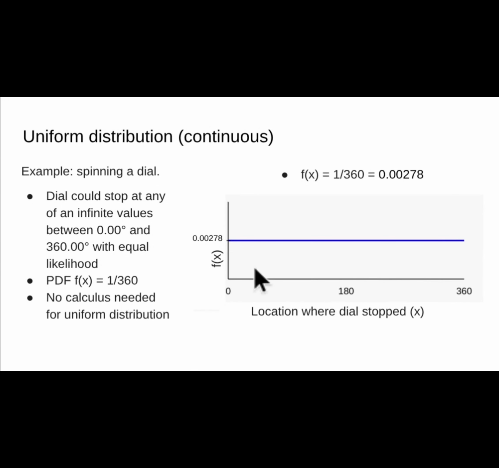There are infinite values between 0 and 360 degrees, with a delicate stop, which is why it's a continuous distribution. What is the mean of this distribution? For symmetric data, the mean is equal to the median. So the mean is 180.